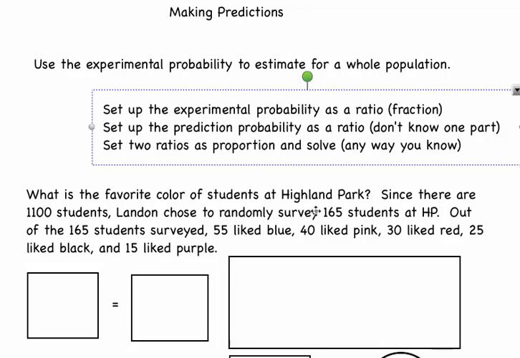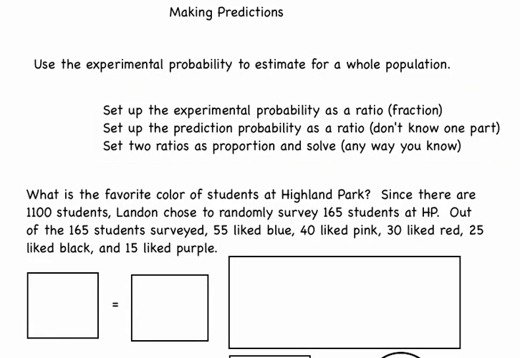If we didn't get that information, we'd still be able to solve this because all we have to do is add all the different ones that chose, and we would find out that there were 165 students that Landon surveyed. So, out of 165, how many people liked blue? 55. Since that was the one that was the most, we want to find the favorite color. We're going to choose our experimental probability of blue as 55 over 165.